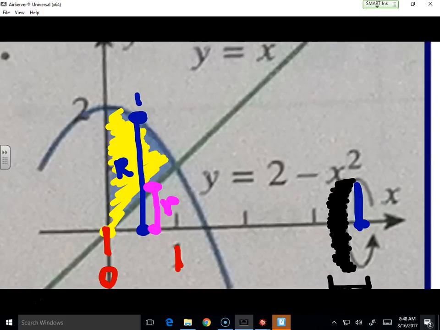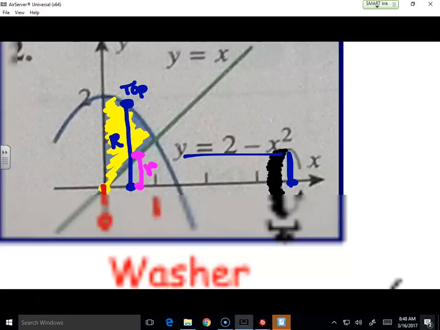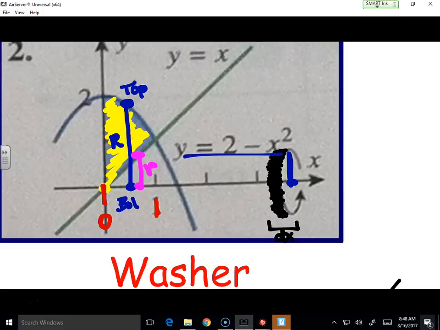The parabola, and they told us right over here it's y equals 2 minus x squared. That's our function on top. What's the bottom going to be? y equals 0, which is the exact same thing as the axis of revolution. That's a hint.